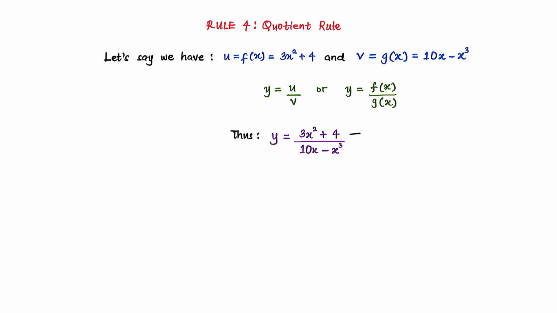First, we know that this numerator here is u, or f of x, and this denominator is v, or g of x.